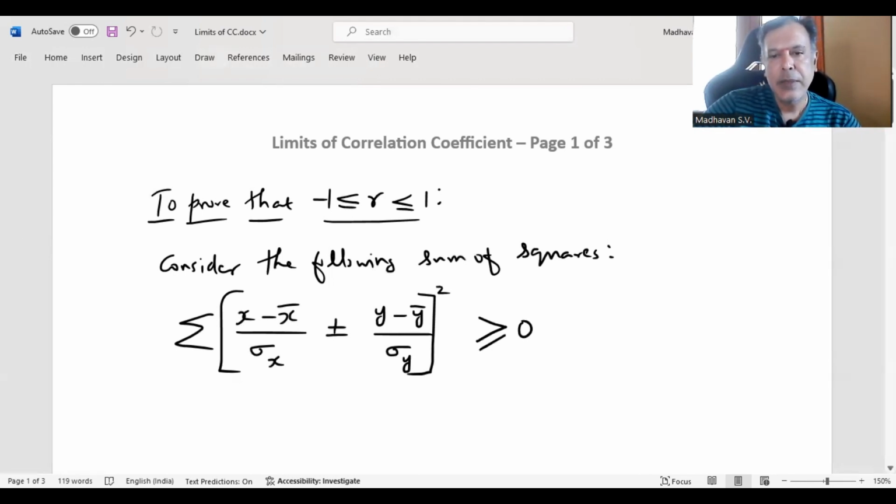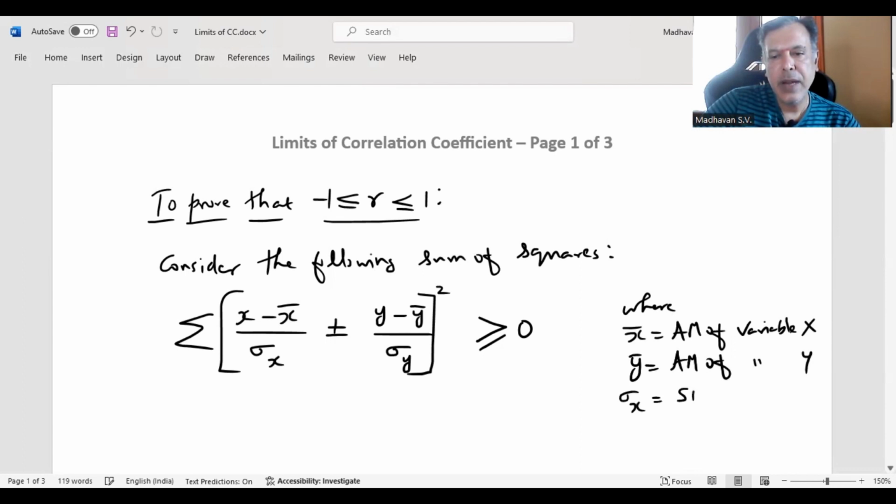That is clear. Here x bar is the arithmetic mean of variable x, y bar is the arithmetic mean of variable y, sigma x is the standard deviation of variable x, and sigma y is the standard deviation of variable y.